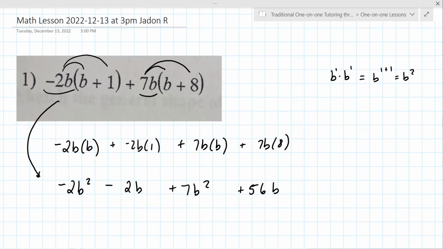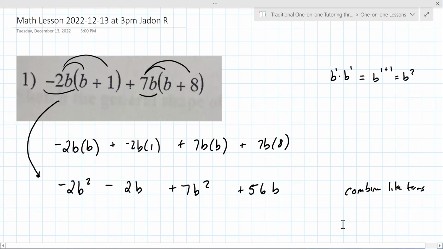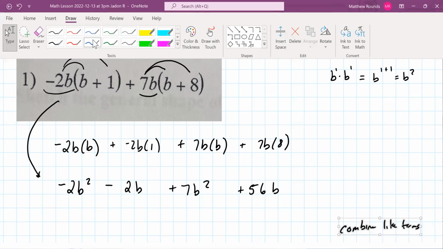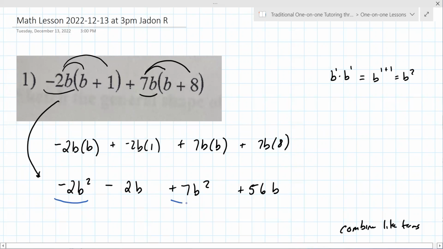Is that okay? Yeah. All right, so from this step, you're going to combine like terms. What I mean by that is you're going to look for anything that is the same, meaning the same degree exponent, like that b squared and that b squared. The operator goes with it, so it becomes 5b squared.